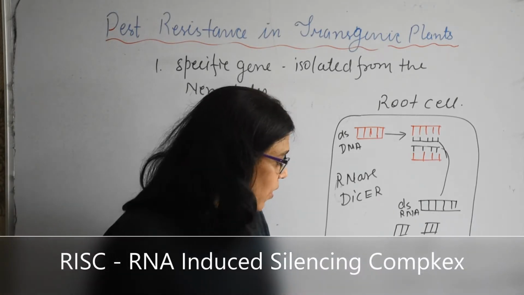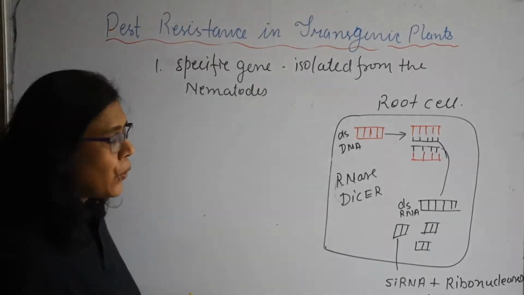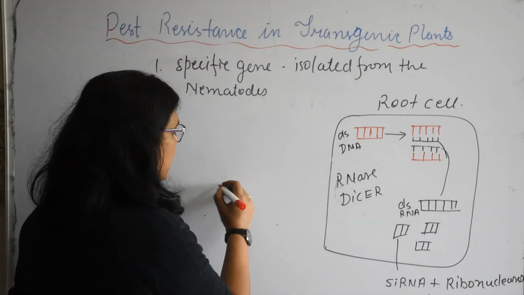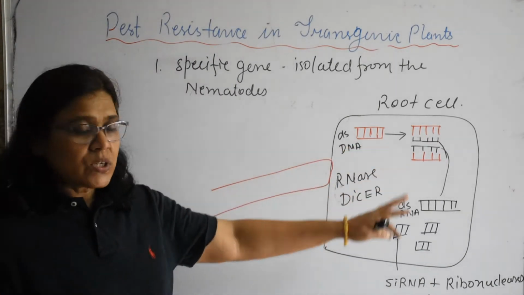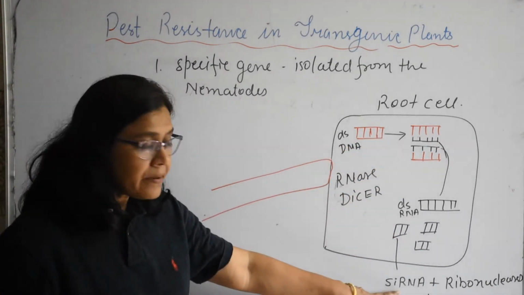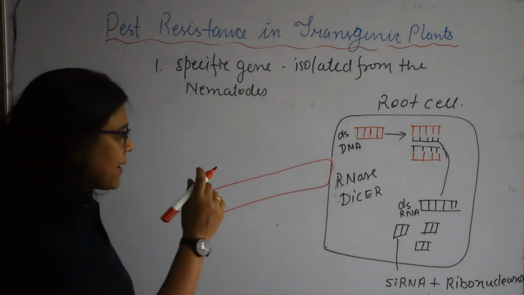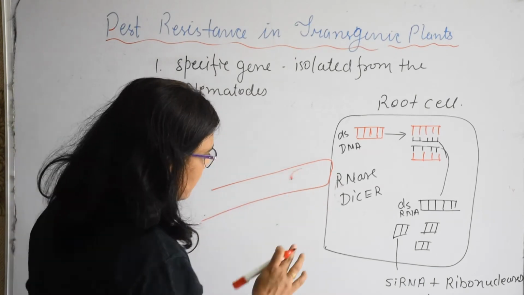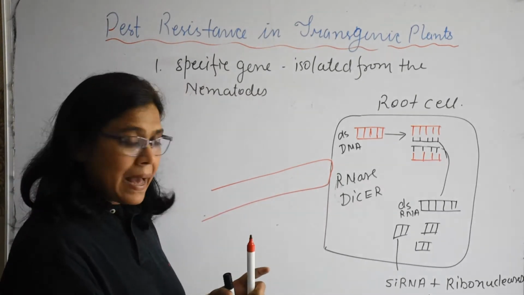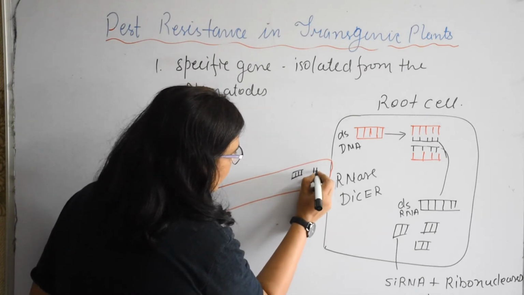RISC stands for RNA-induced silencing complex. When a nematode comes in contact with the plant cell, that is the root cell, the small interfering RNA enters the cell of the parasite. So here they will enter.